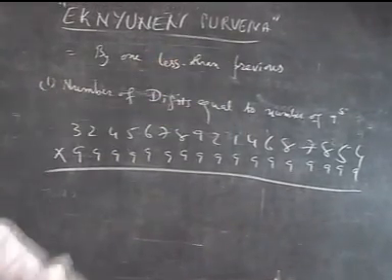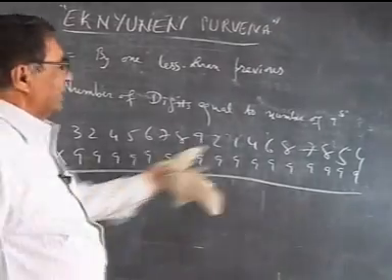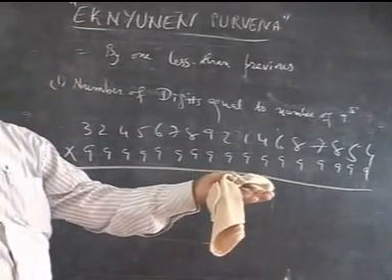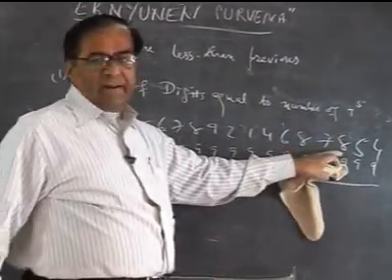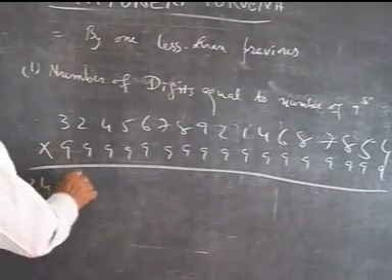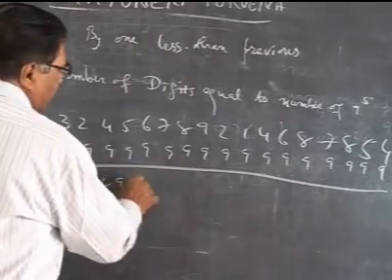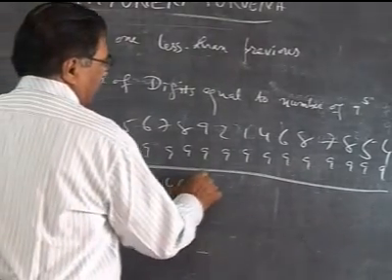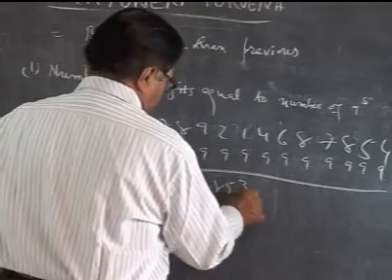Big number. But it will not take time. It will not take half a minute at all. Only you decrease this by 1. And so you will say 3, 2, 4, 5, 6, 7, 8, 9, 2, 1, 4, 6, 8, 7, 8, 5, 3. That's all.